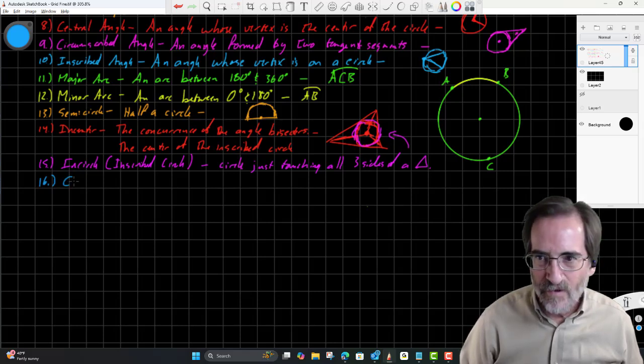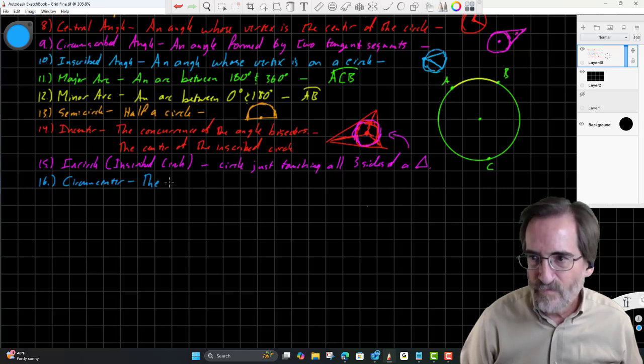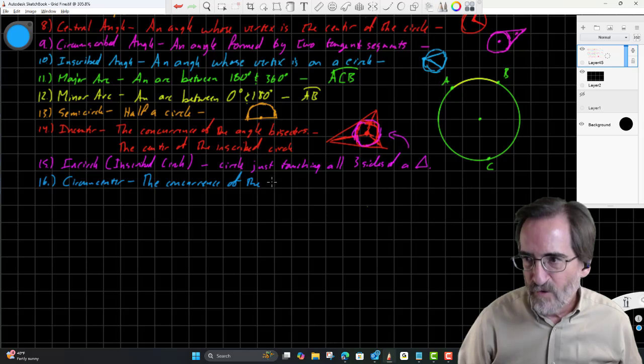Circumcenter. The concurrence of the perpendicular bisectors.